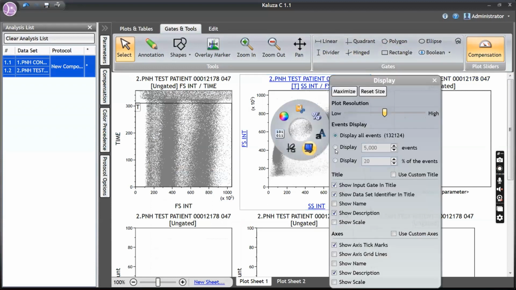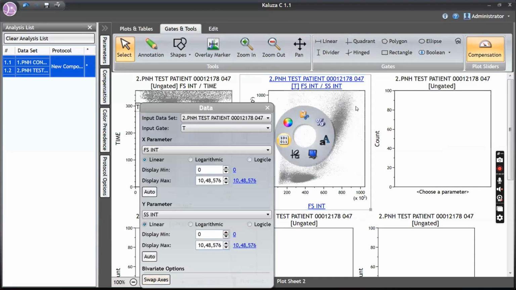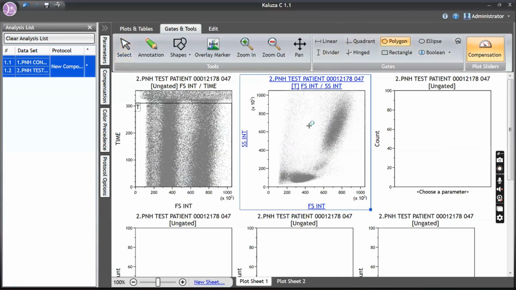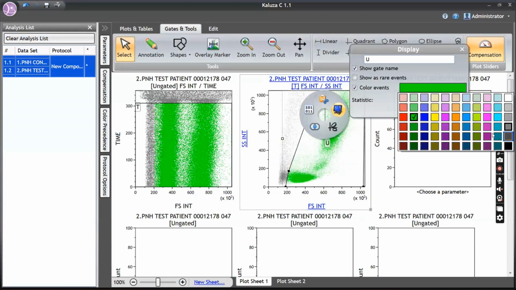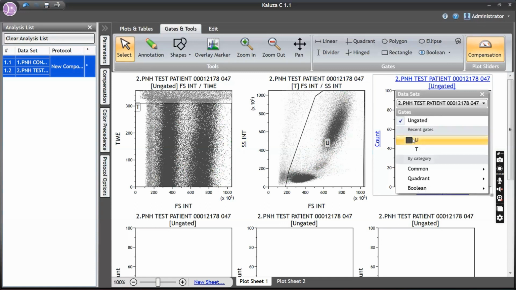Once I have done that, I want to select only the viable events. So I am eliminating all those events with low forward scatter and low side scatter, and I am getting only the viable events. Give a dark color to that. So viable events is done.